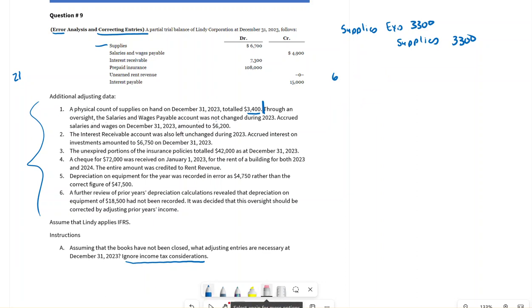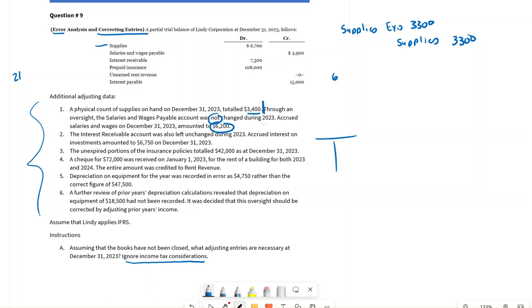Going further, they said through an oversight, the salaries payable account was not charged. During 2023, accrued salary and wages on December 31st, 2023 was 6,200. So the balance we need is 6,200.